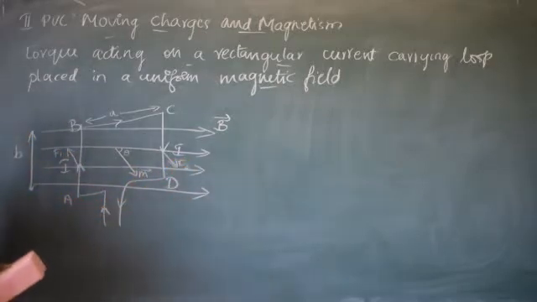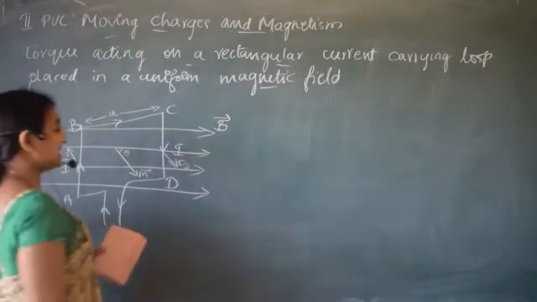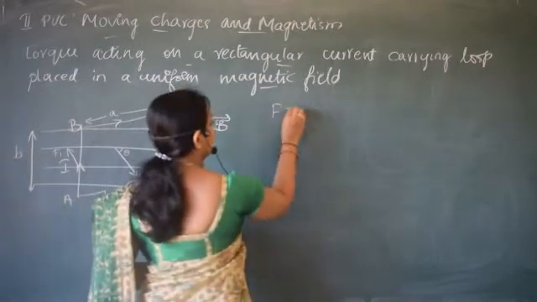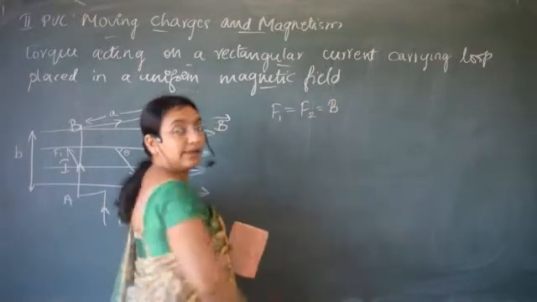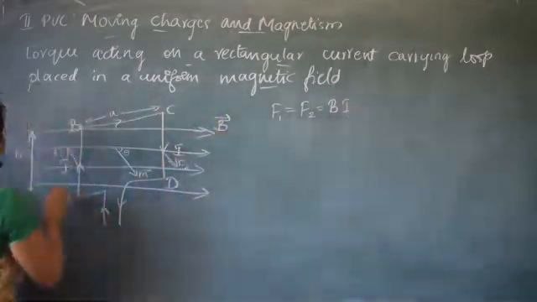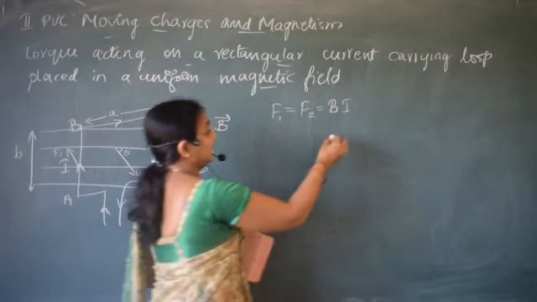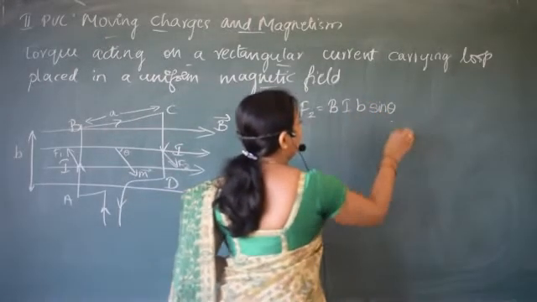So F1 and F2 are equal to B I l sin theta, correct? F1 is equal to F2 is equal to B, the magnetic field, I, the current, l, the length, sin theta. What about theta?